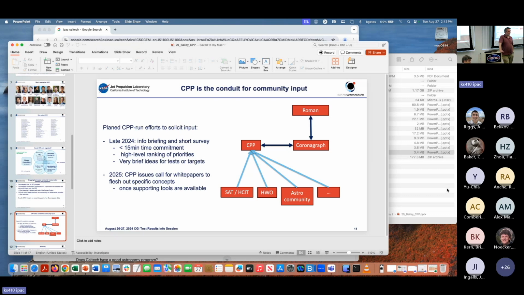Under the current error budget, that's the largest term, right? The stability term was the largest term, but you're right that once you're on sky, who knows? And with respect to stability, I didn't hear you talk a lot, because it's a coronagraph meeting, about what you're going to learn about the telescope. But 20, 30 picometer stability, 1 millikelvin control, the time constants are really hard to test in a vacuum chamber.